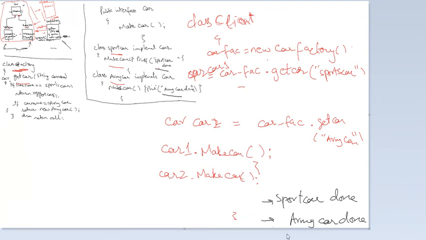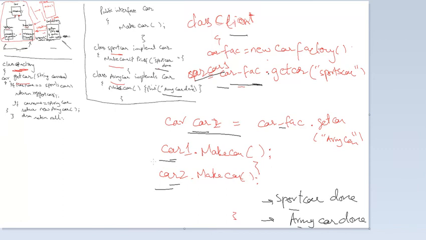So you see we were able to create these two cars, sports car and army car, using our client, but inside our client we don't know how these cars were created. Actually, the car client used the car factory dot get car method, and this returned us car1 and car2 objects, and from these objects we call make car, and we got the sports car done and the army car done.